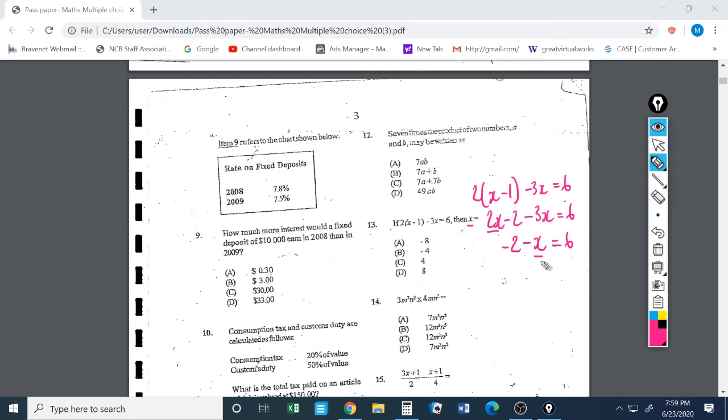Then we're going to put this x over to the right side, and carry this 6 over to the left side, and we're going to get negative 2 minus 6 is equal to positive x. Remember, the signs change when you carry them over to the other side, and you're going to get minus 8 is equal to x, and x is equal to minus 8. So the answer is actually A. Boom. Easy, guys. All right, so let's move on to number 14.